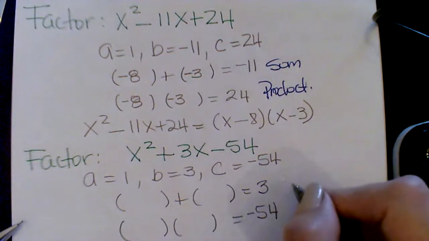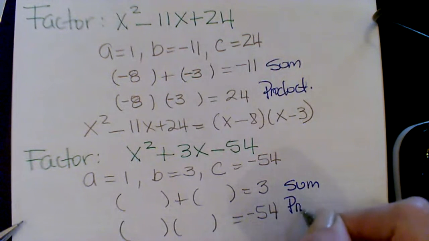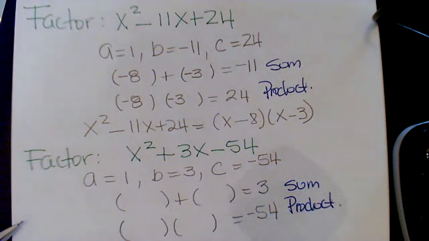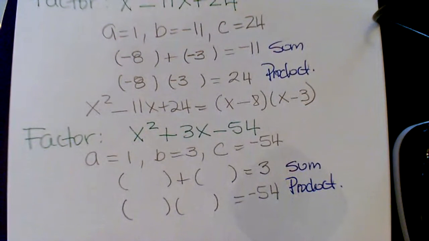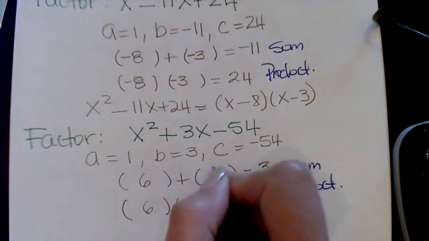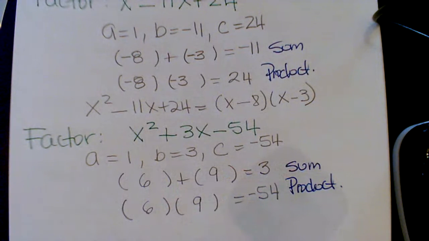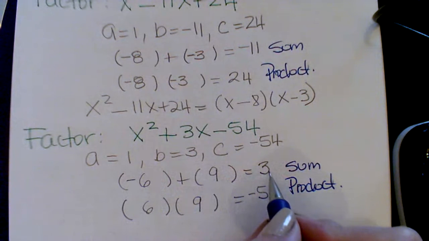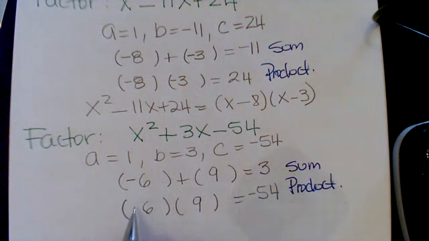This one is the sum and this one is the product. What gave you 54? 6 and 9. Negative 6 plus 9 is positive 3, and negative 6 times 9 is negative 54.